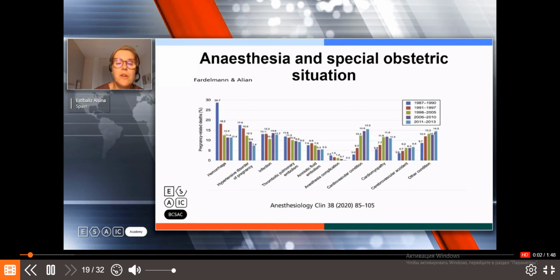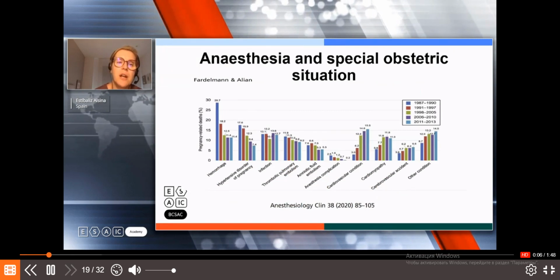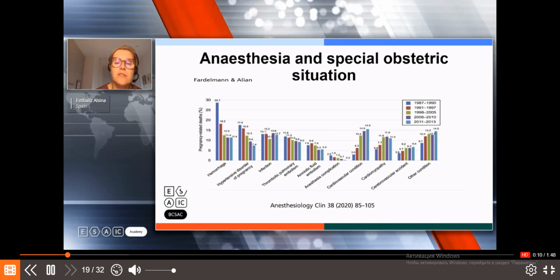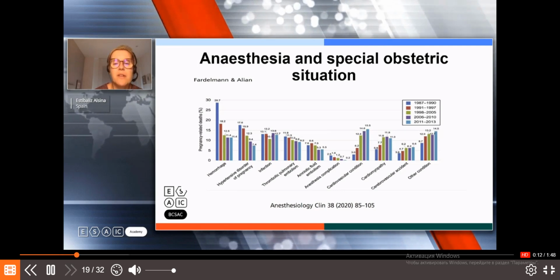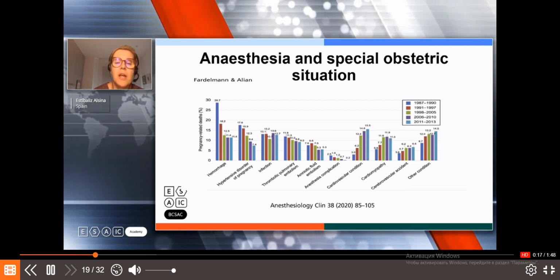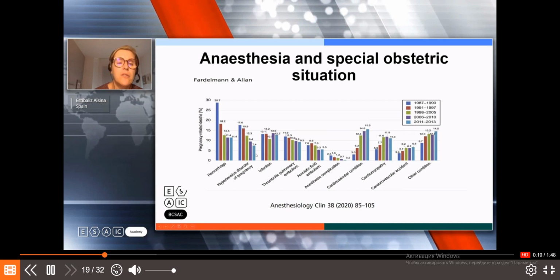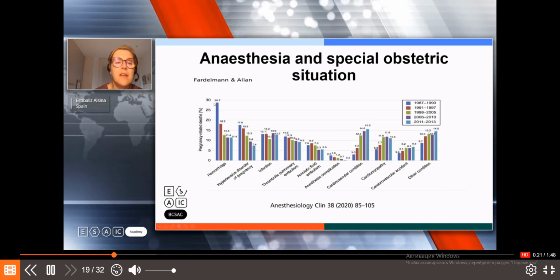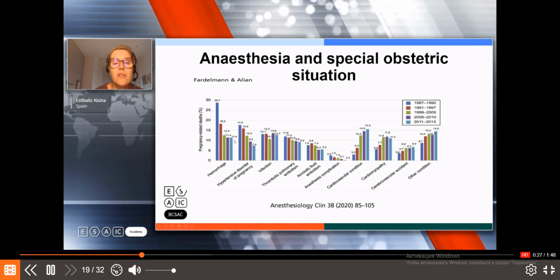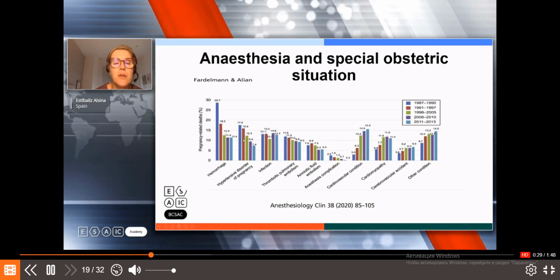Now I want to talk a little bit about a special obstetric situation. Right now, this is the situation of the causes of maternal death in pregnant women. As you see, hemorrhage has lowered a lot in the last decades. The hypertensive disorders have also decreased.